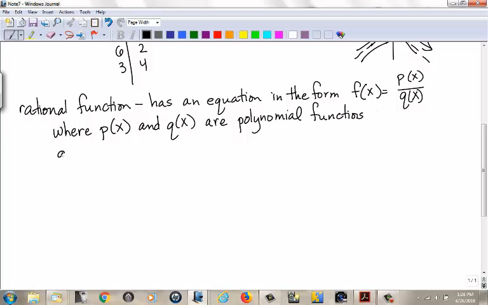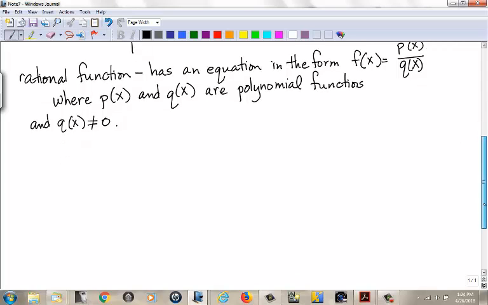And q of x cannot equal 0 because you can't divide by 0, so you have to put that qualification in.